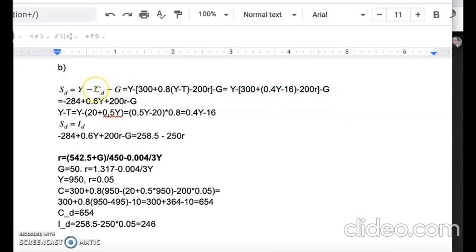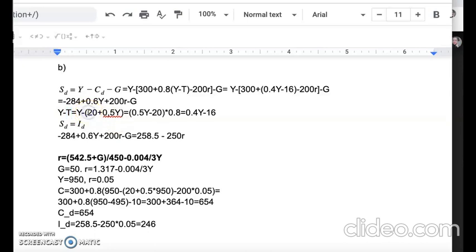For example, the desired consumption function here, we are not substituting G, we just leave it as itself, and here we just simplify the equation. Here you can see the simplifications, Y minus T, which is in the bracket. So we just use the T equation that is in the problem.